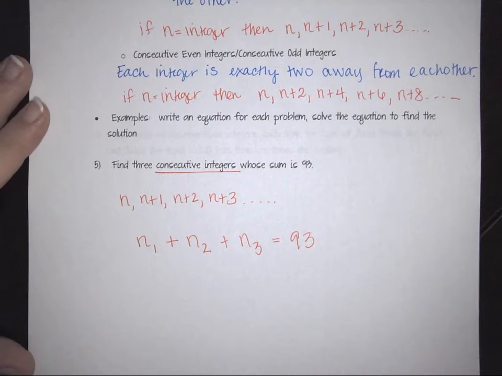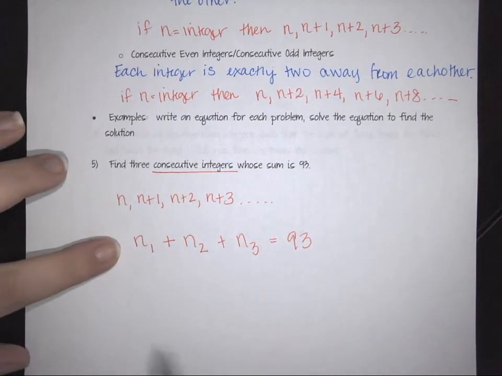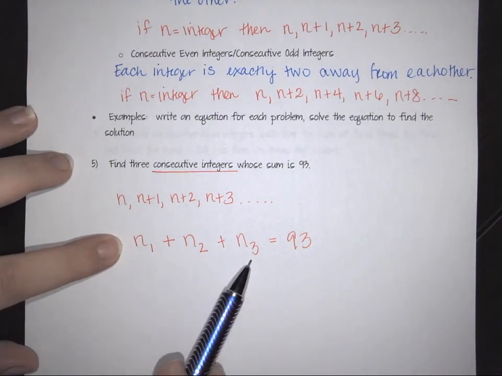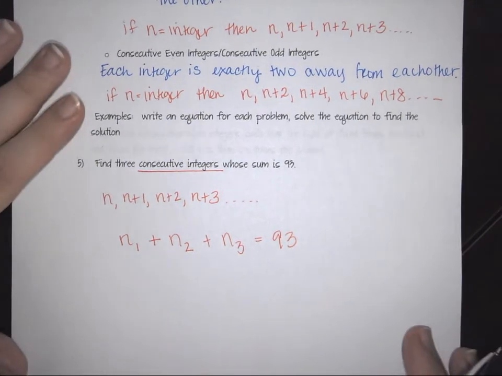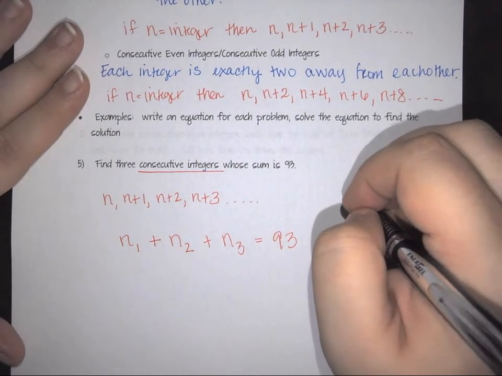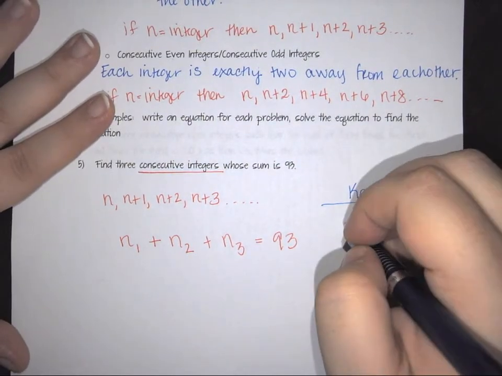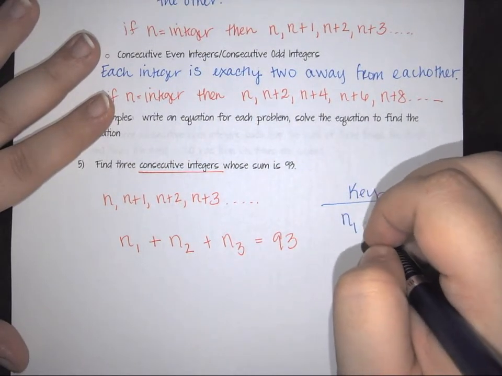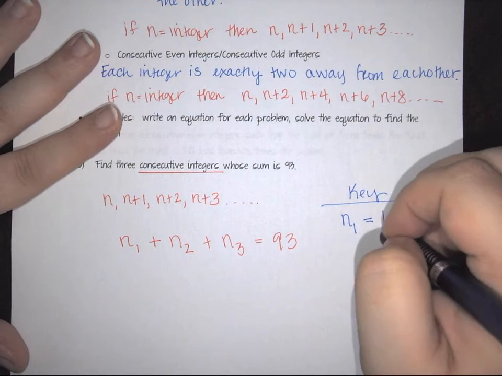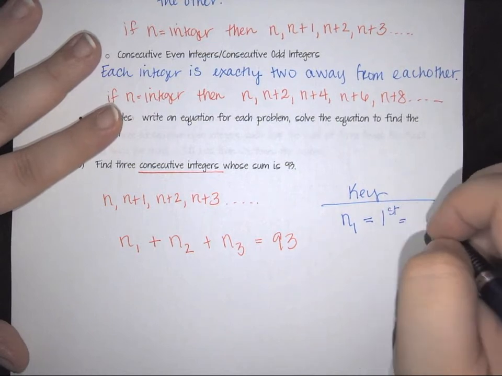Now, the other piece that we have to pay attention to is how we identify n1, n2, and n3. One of the things that I like to do is make myself a key. So I have n1 is my first integer, so it's my starting point.